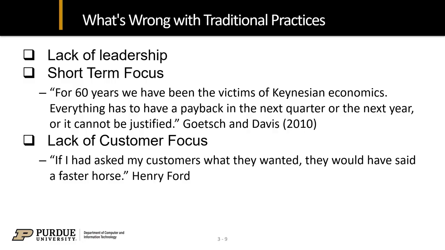Another problem is short-term focus. And it says everything has to have a payback in the next quarter, the next year, or it cannot be justified. Especially true in U.S. companies. Because of the stockholders, got to pay dividends, bonus checks, performance evaluations. A lot of them is all based on an annual basis.